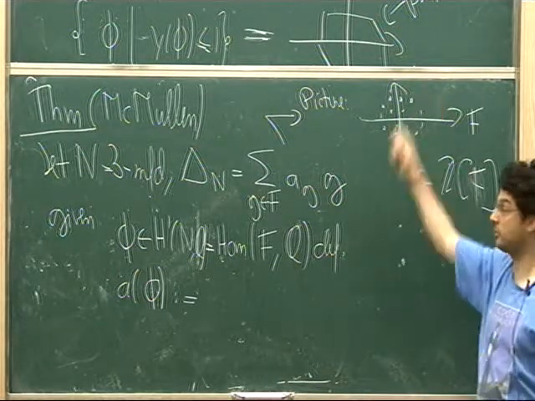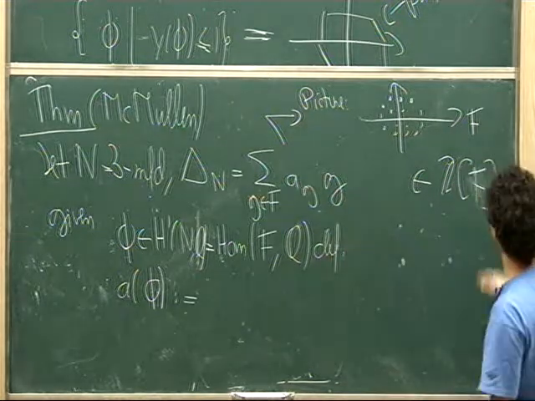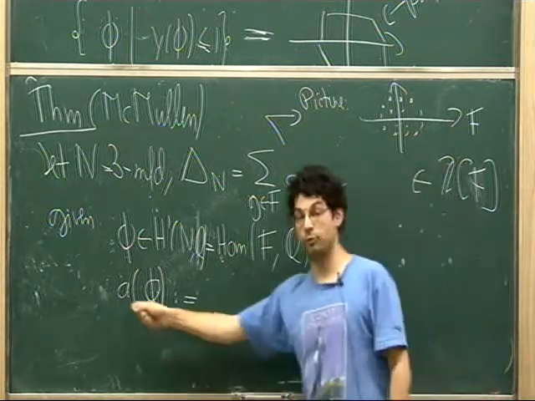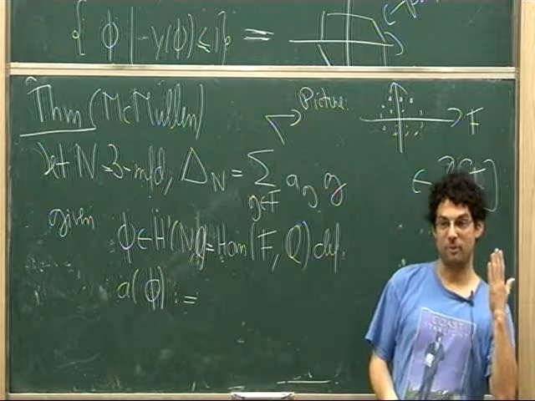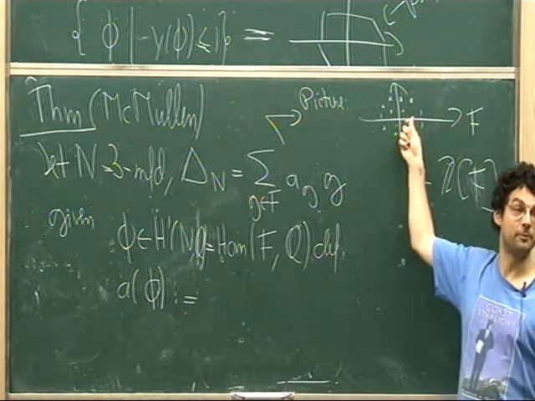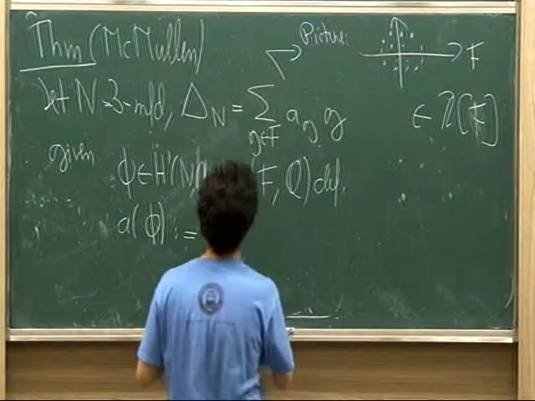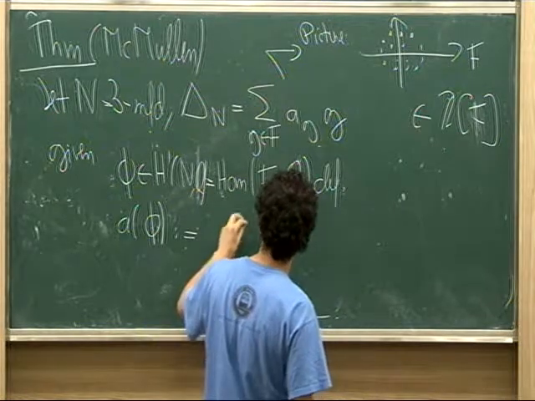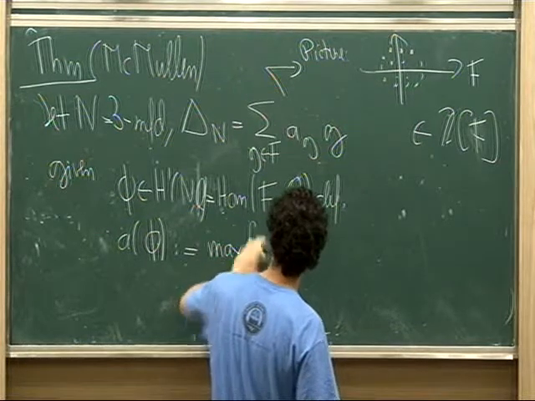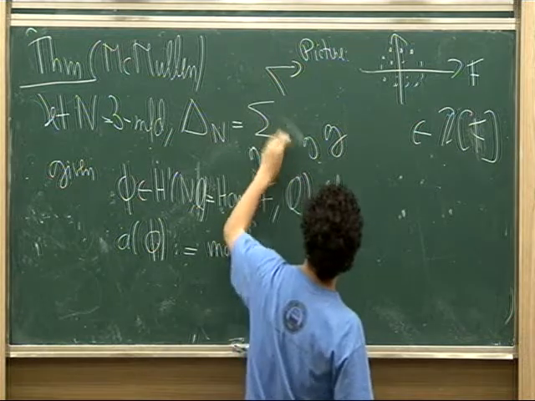So here the dots correspond to coefficients which are non-zero. And now you have a phi, sort of a dual to F. And what is A of phi? A of phi is the thickness of this picture in the direction of phi. So what do I mean? That's the same as saying I maximize, sorry, using A twice is bad, let me write C here.